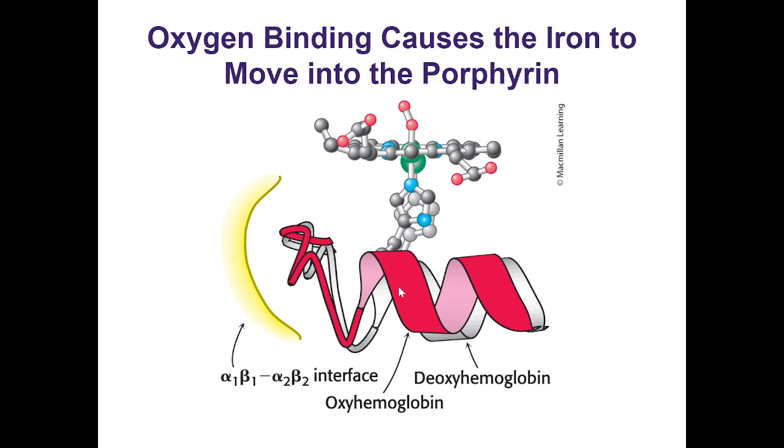And so when you relax and cause this gap to close, it's going to cause this to move up into the ring. When you go into the T state, this is going to cause this gap to open, and it's going to cause your spring to pull. And that's going to pull that iron out of the heme downwards, right? Can everybody see that and envision that okay? So R state, T state.